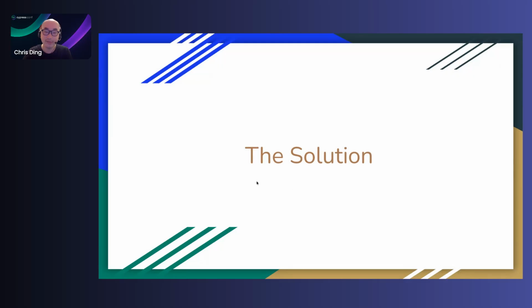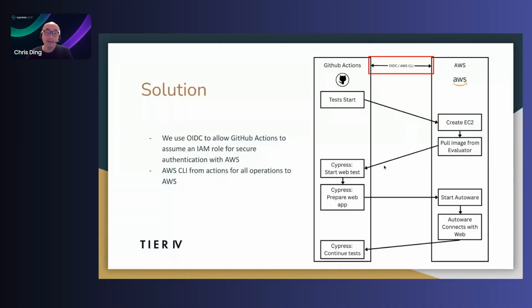So here are a little more details about the solution that we have developed to automate these Autoware E2E tests. We use GitHub Actions and AWS to automate our tests. GitHub Actions authenticates with AWS by using OIDC to allow GitHub Actions to access AWS securely.